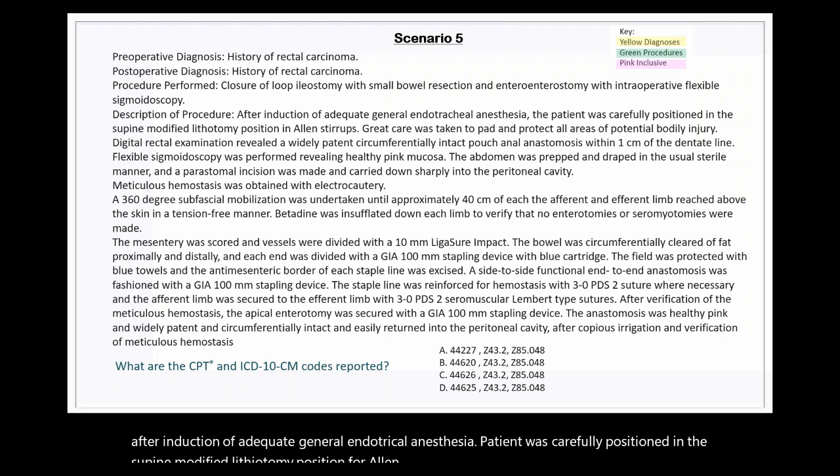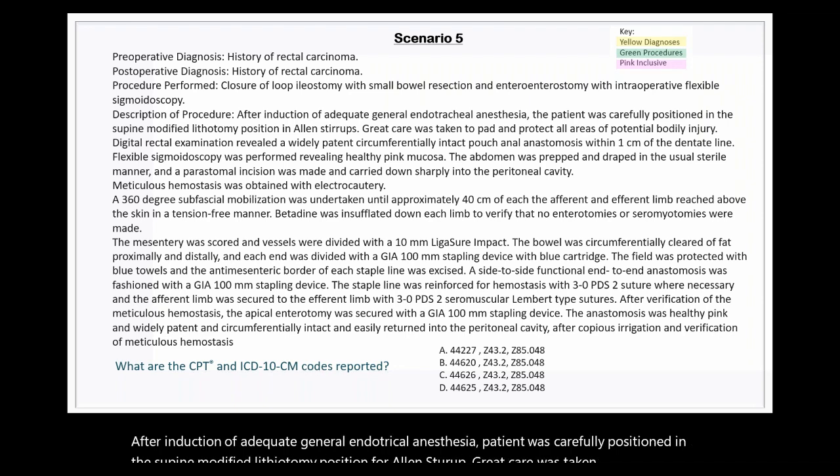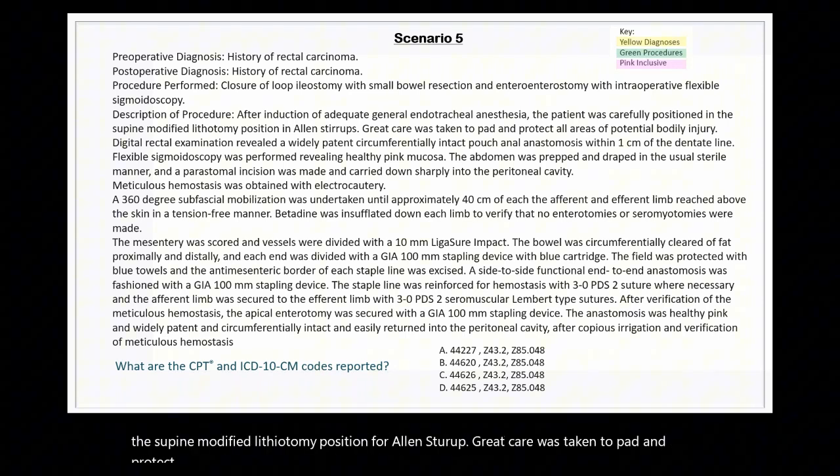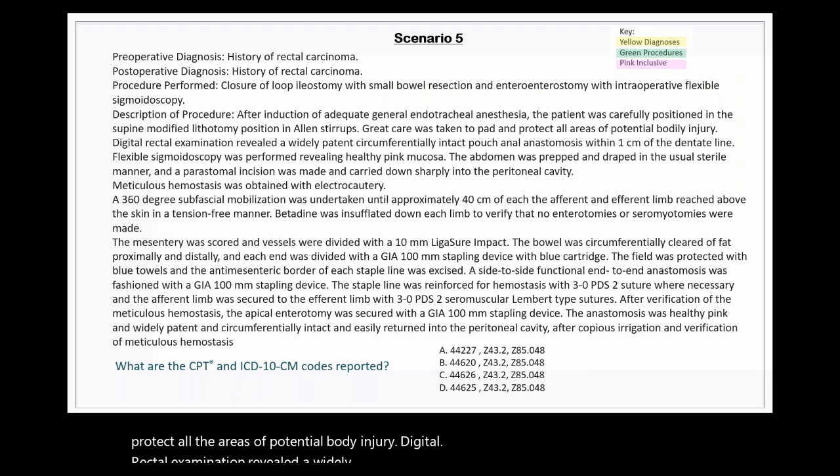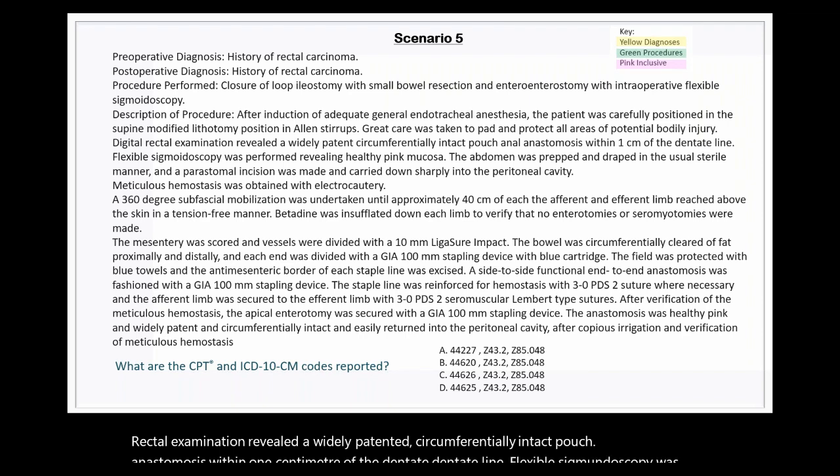Great care was taken to pad and protect all areas of potential bodily injury. Digital rectal examination revealed a widely patent, circumferentially intact pouch-anal anastomosis within 1 centimeter of the dentate line. Flexible sigmoidoscopy was performed, revealing healthy pink mucosa.